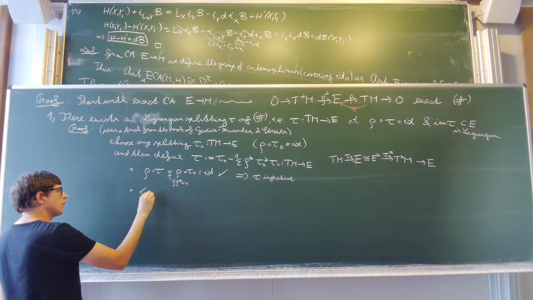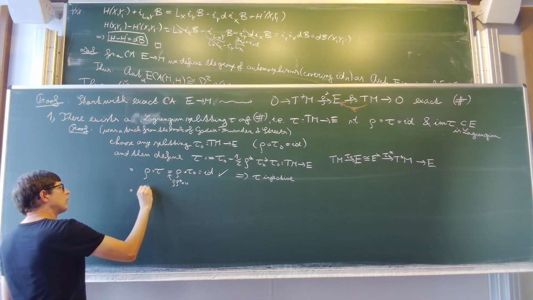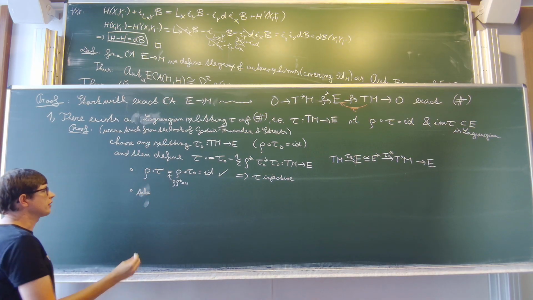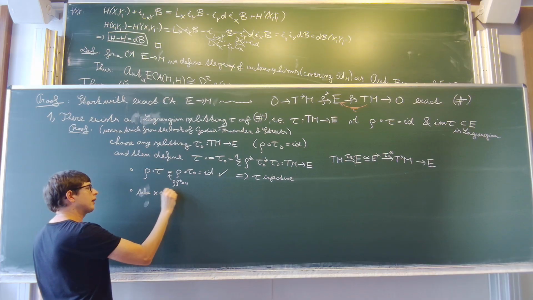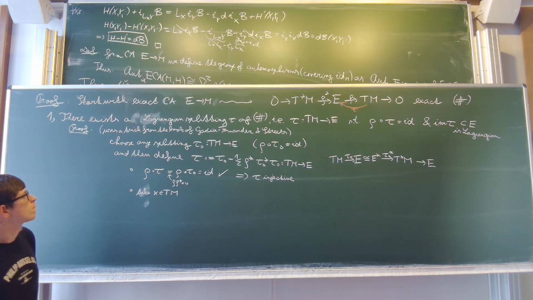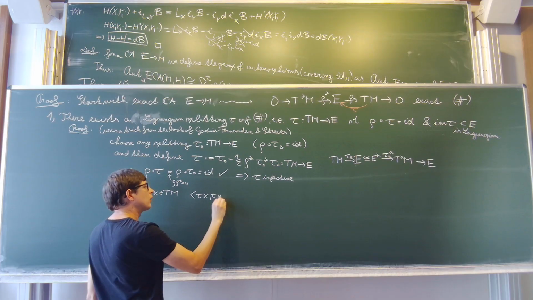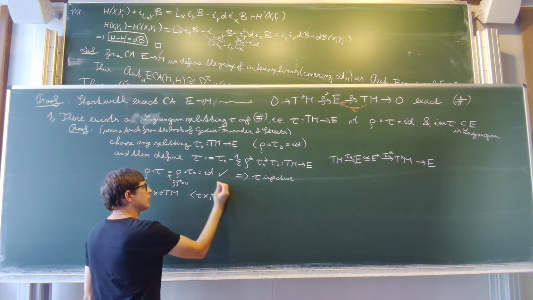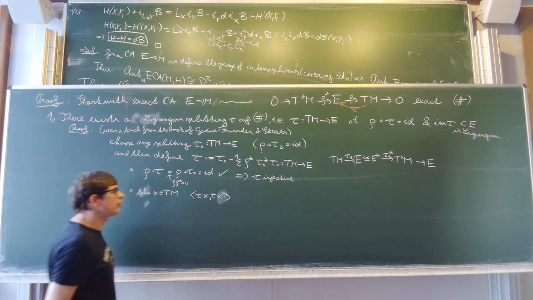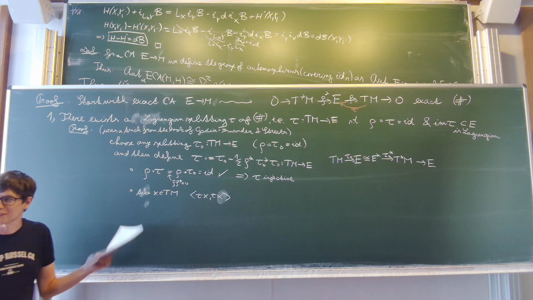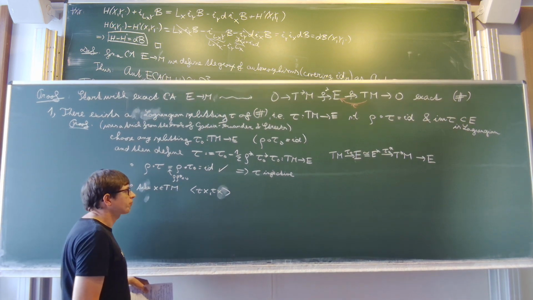Now the other claim. So let's try to check Lagrangianity. So how do we do that? Let's pick any vector x. And now let's calculate what is tau x, tau x. I could have chosen tau x, tau y, but it would be twice as long. So let's just do this.